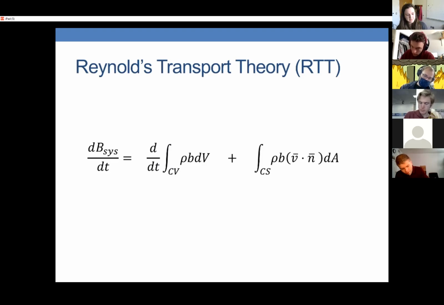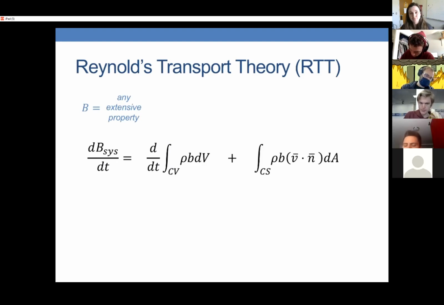What does all this junk mean? Okay, so B is any extensive property. What does extensive property mean? That's a term you might have heard in physics class. Would an extensive property be one that depends on how much of something you have? Yes, exactly. Like mass. So pressure, for example, is not an extensive property, right?